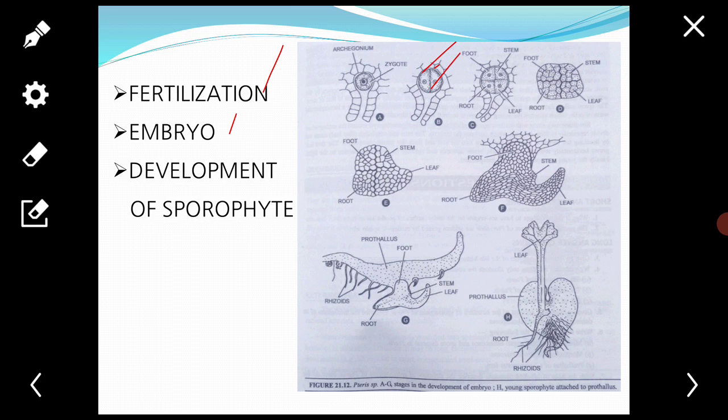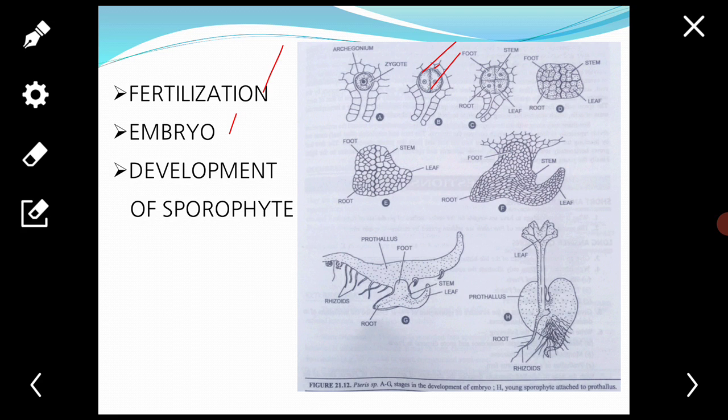The third division is transverse, occurring by the formation of a wall perpendicular to the long axis of the archegonium, resulting in an eight-celled octant stage. The organs of the future sporophyte begin to differentiate at this octant stage.